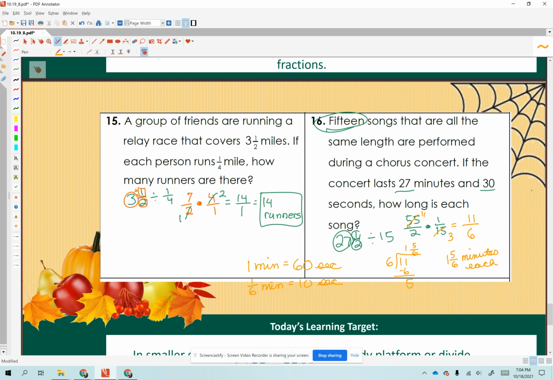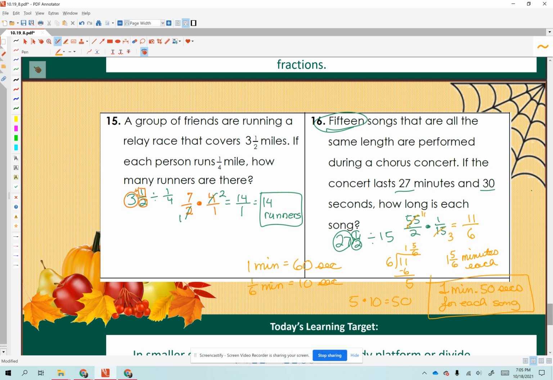So if you have 5/6, that would be 5 times 10, which would equal 50 seconds. So you could say 1 minute, 50 seconds for each song. And that would be our final answer.